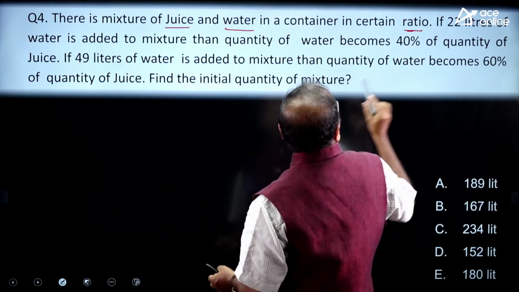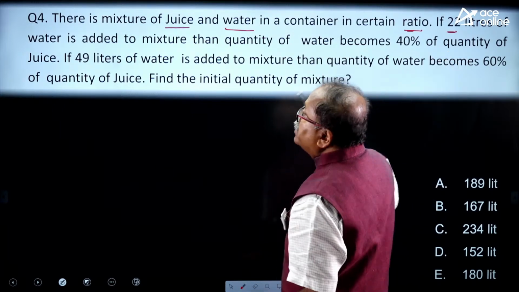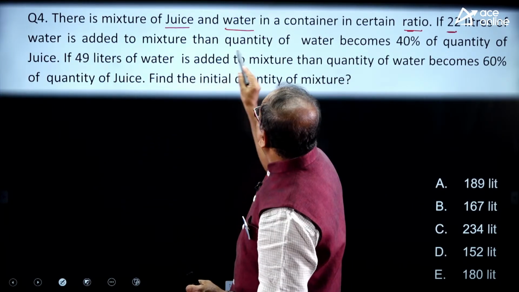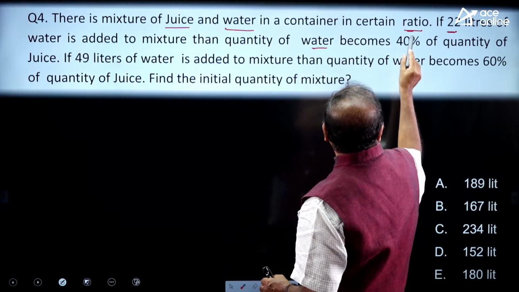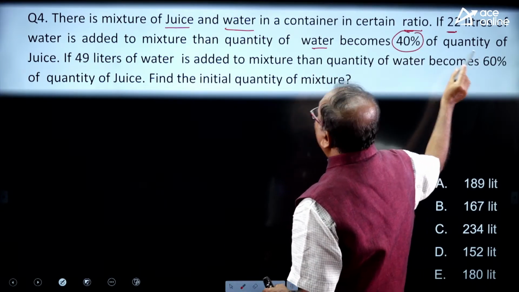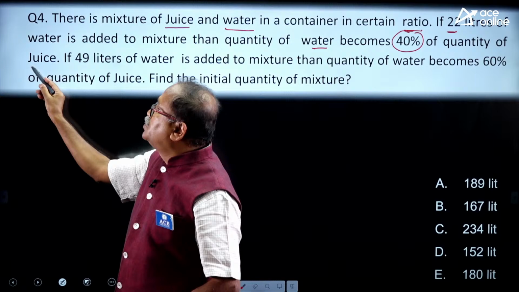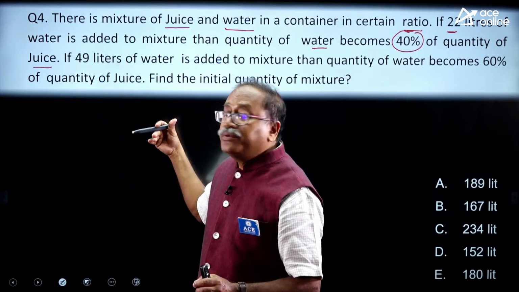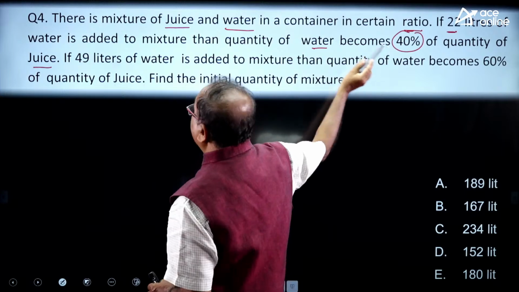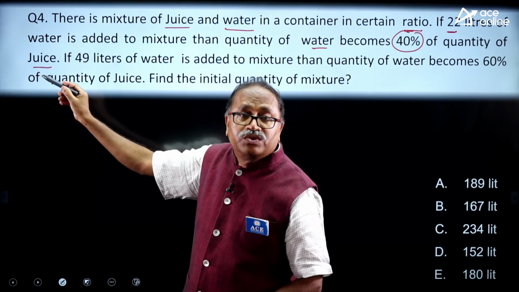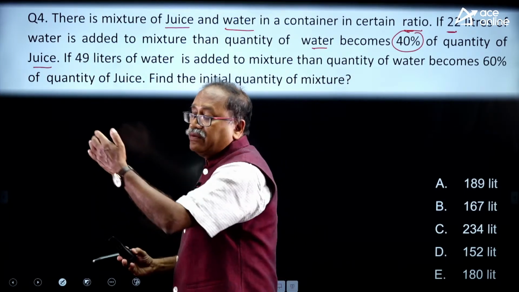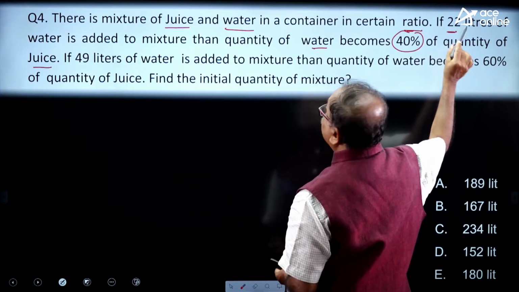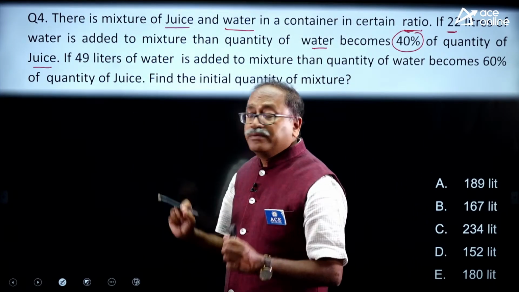If 22 liters of water is added to the mixture, then the quantity of water becomes 40% of the quantity of juice. There are 2 things, juice and water.